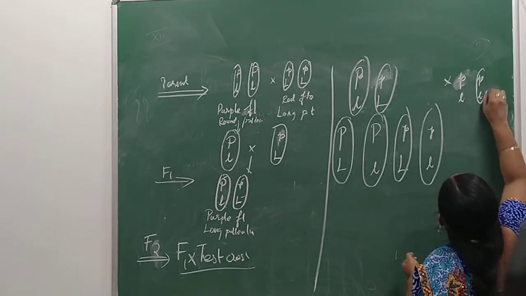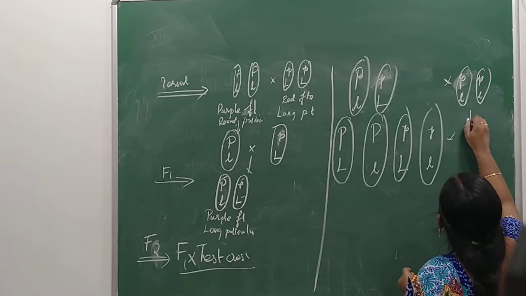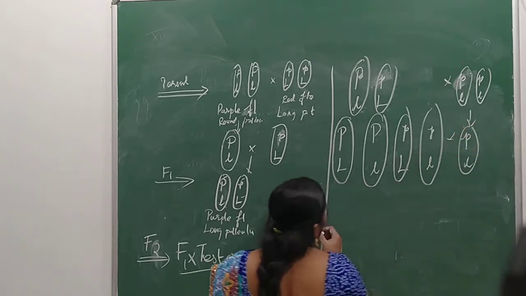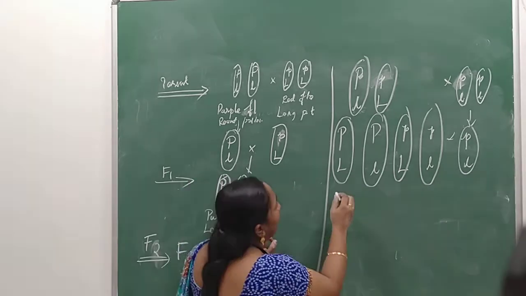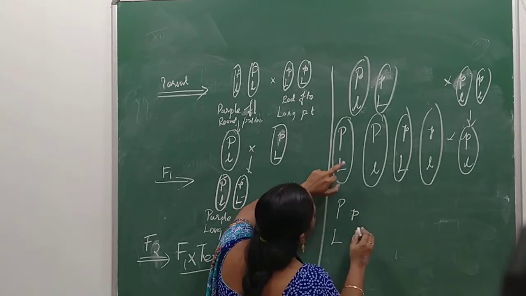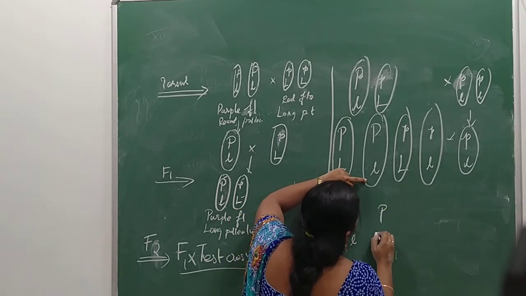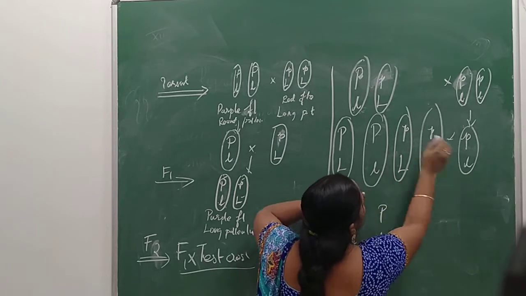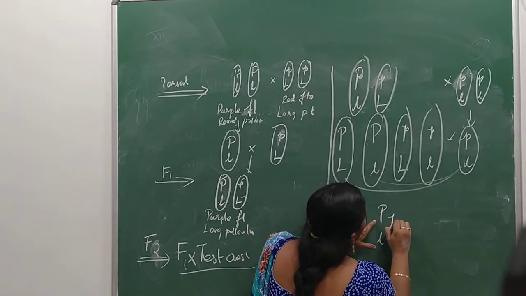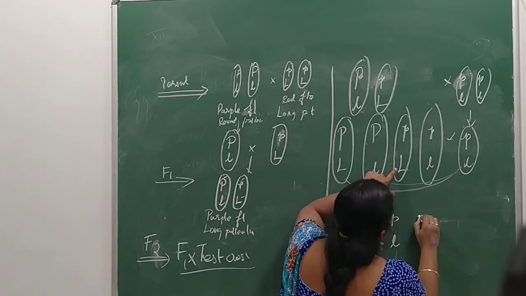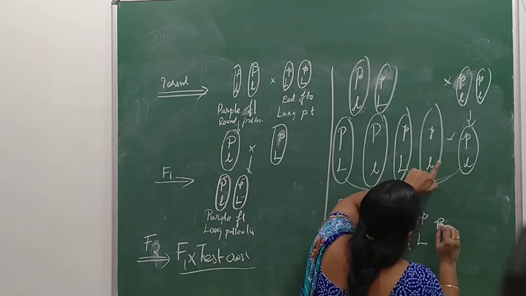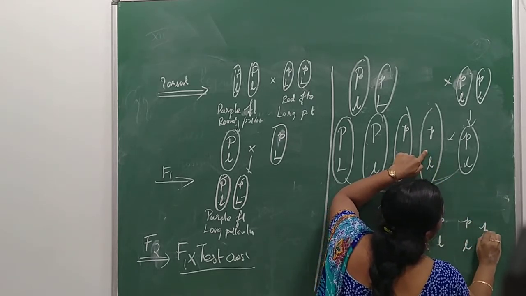So take one gamete, small p small l. So what you will be getting, similar to coupling, you will be getting capital P capital L, small p small l. Again capital P small l crossing with this, like that you have to cross and put this. Small p small l, small p capital L, small p small l.